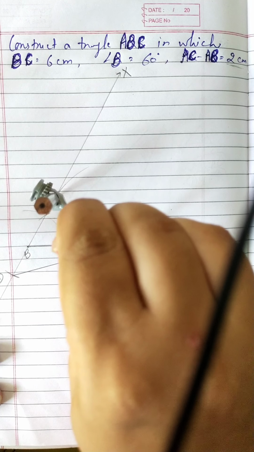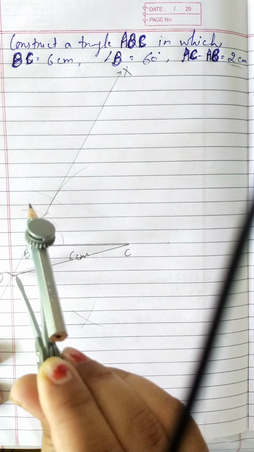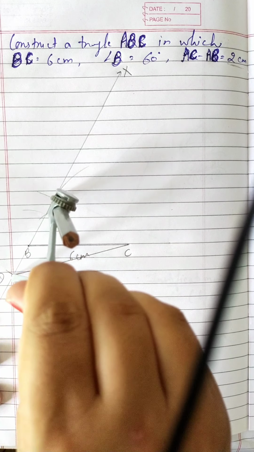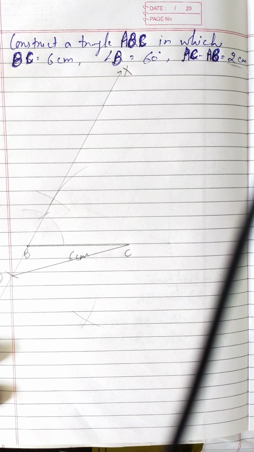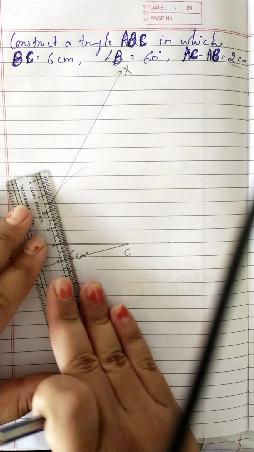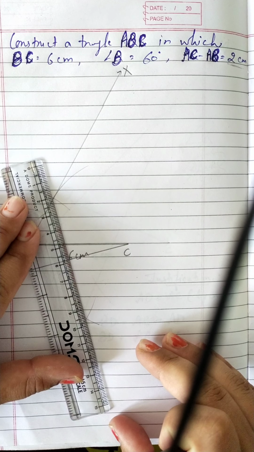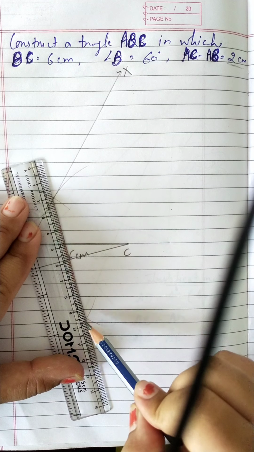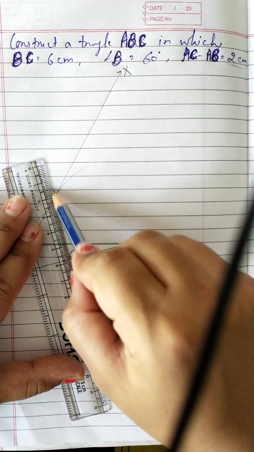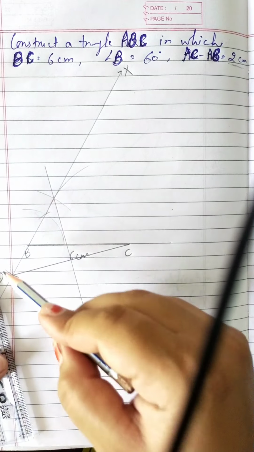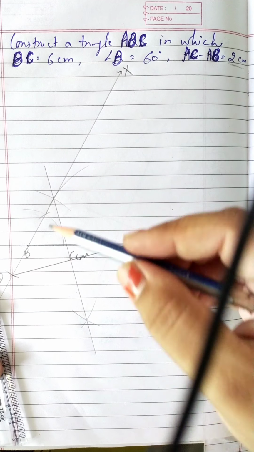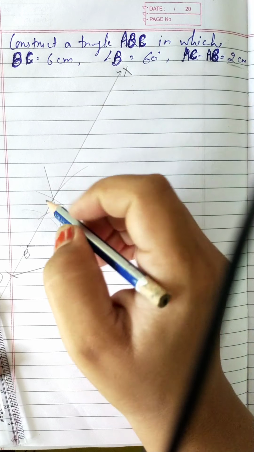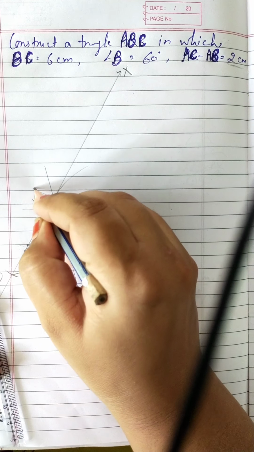So it is meeting here, this and this. Now we'll join these two intersection points. Wherever it intersects, this perpendicular bisector will intersect somewhere on this ray BX. Name that point as A.